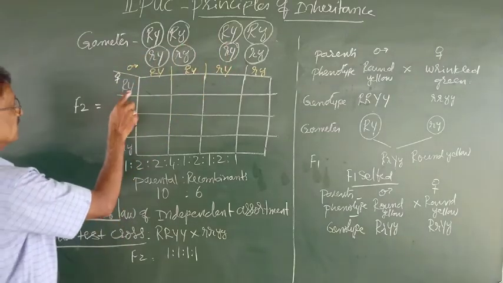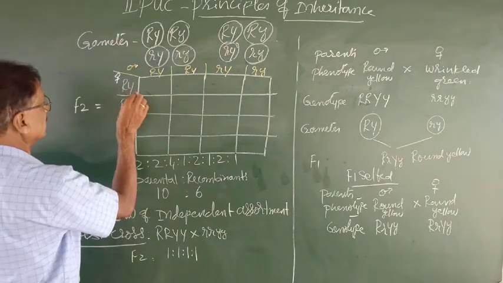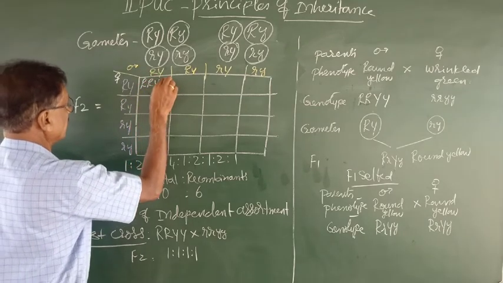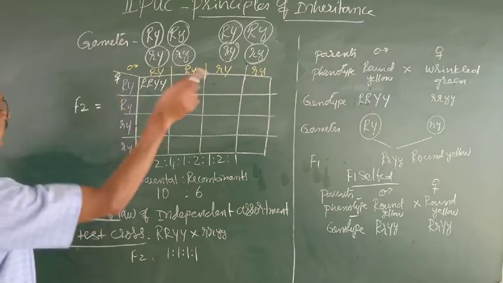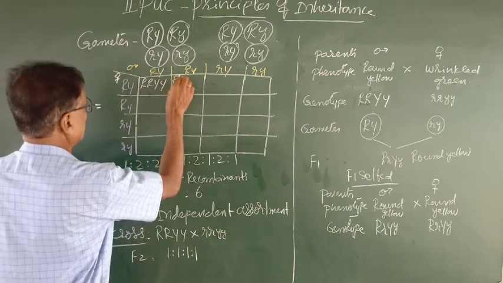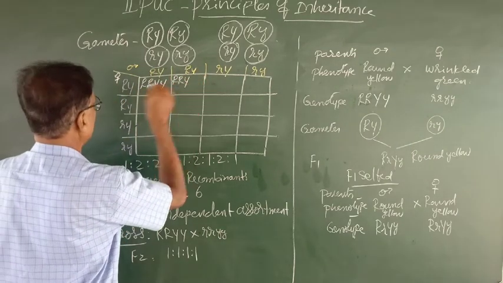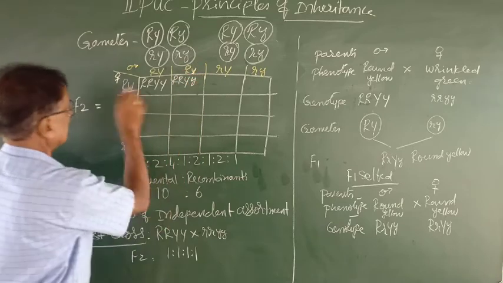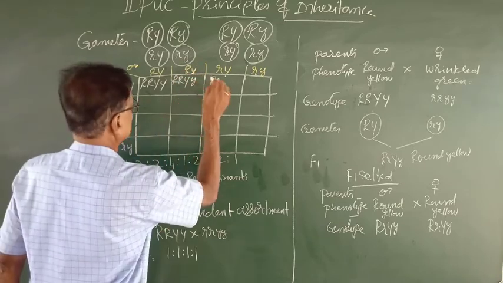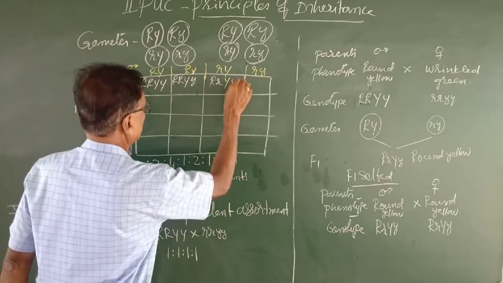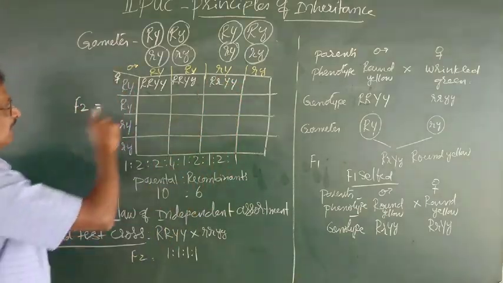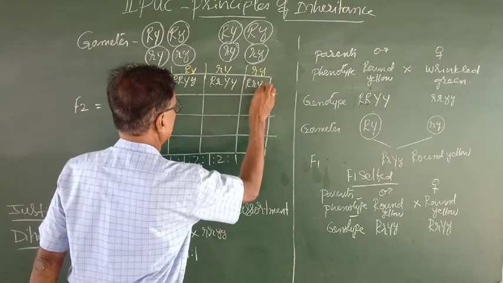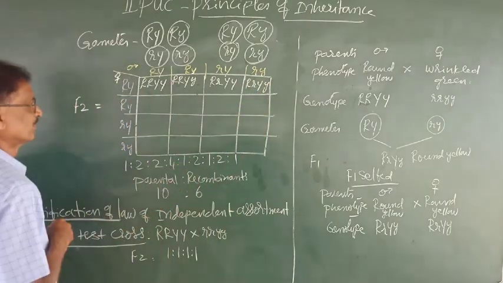We have to work out just like multiplication. Observe capital R, capital R, capital Y, capital Y. Like this we have to go on doing. Capital R, capital R, capital Y, small y. Again, capital R, small r, capital Y, capital Y, and then capital R, small r, capital Y, small y.